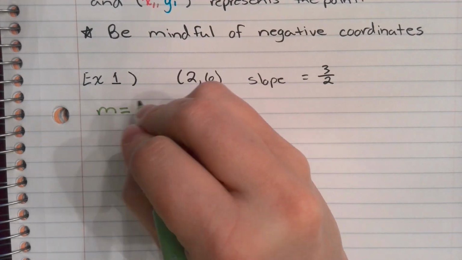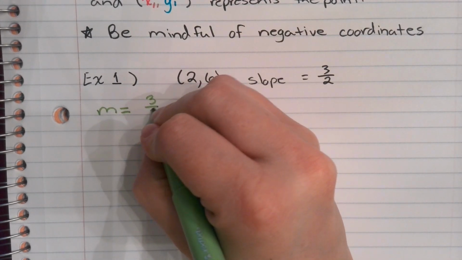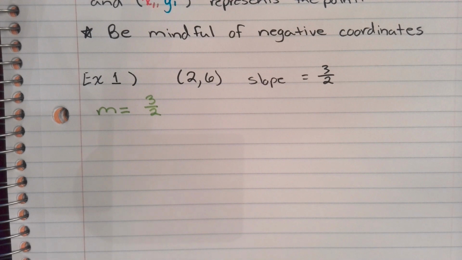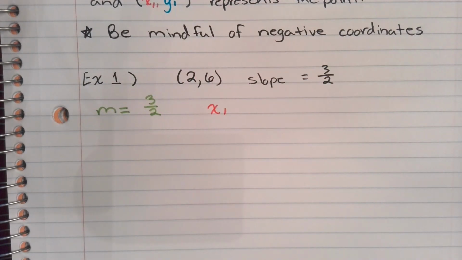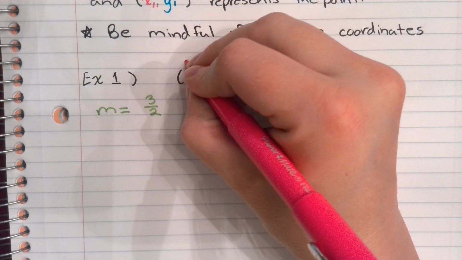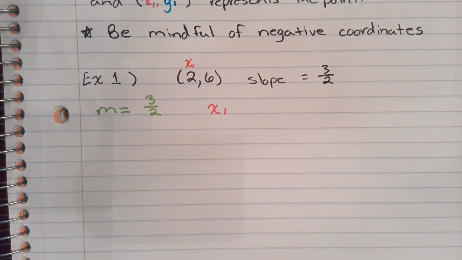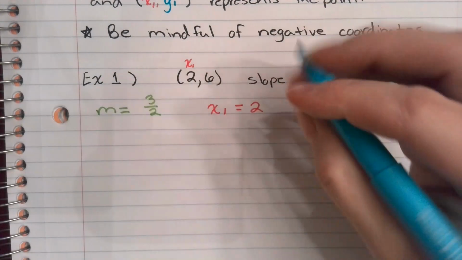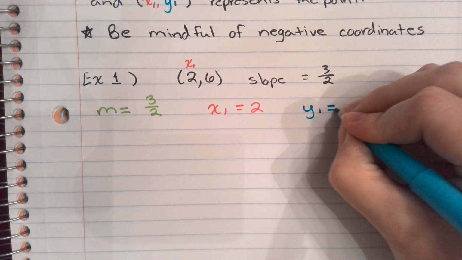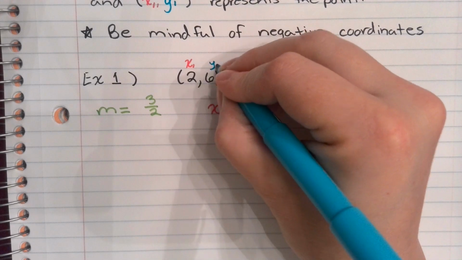So my slope, my m, is 3 over 2. My x1 happens to be right here. The 2 is my x1. And then my y1 happens to be that 6.